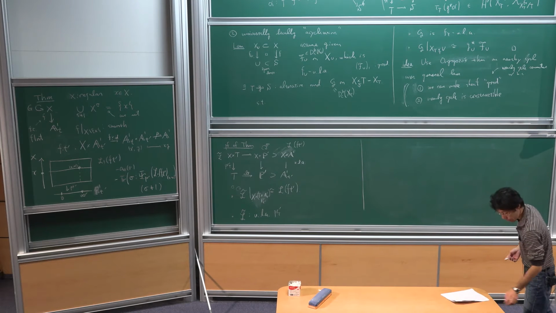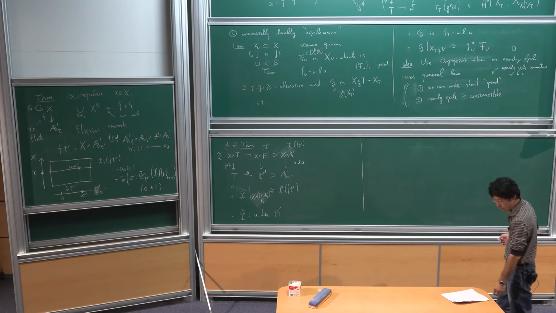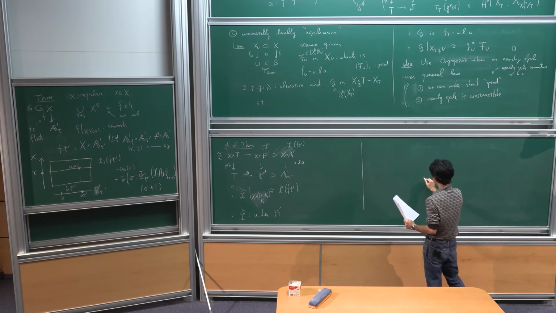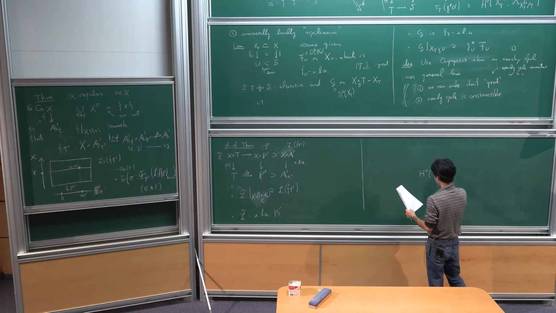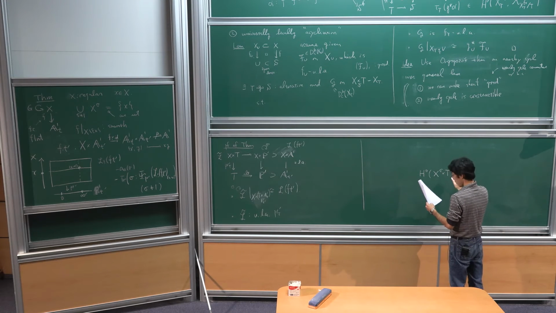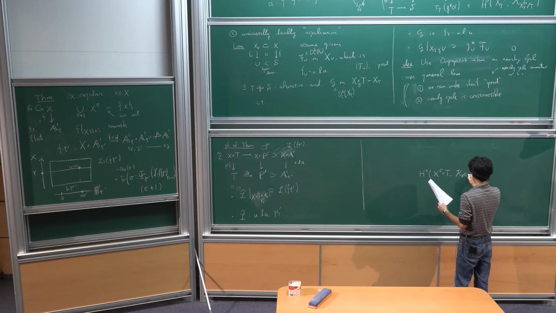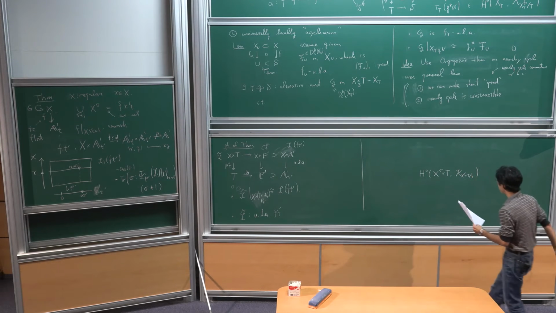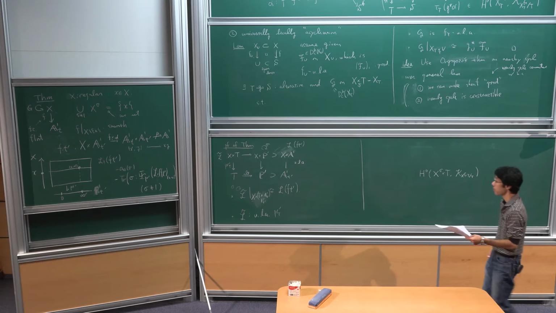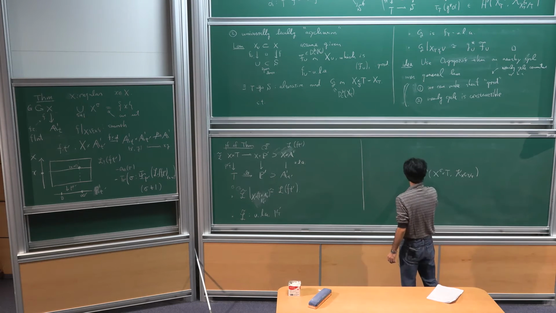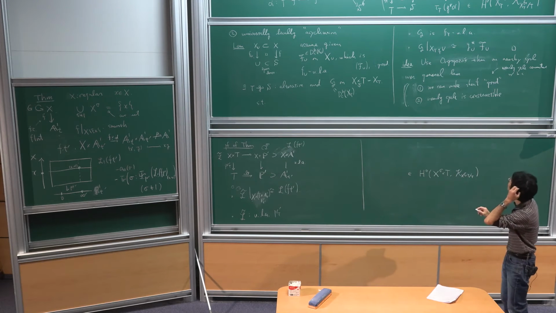And then I want to draw some diagram, as usual. H naught of X sigma times T, and K X sigma times T over T. This is where the relative Verdier pairing lands in.